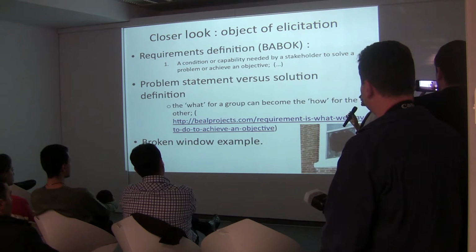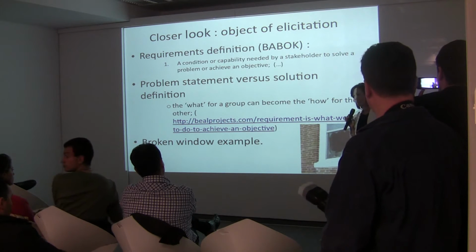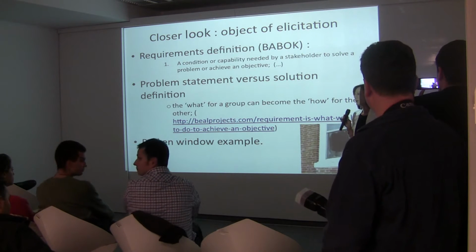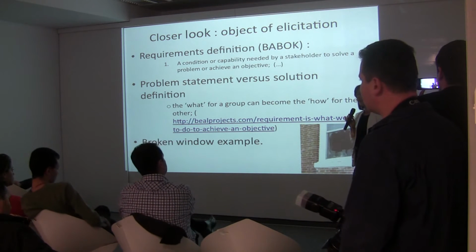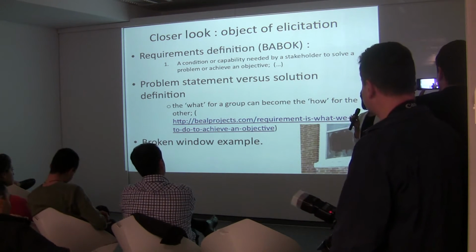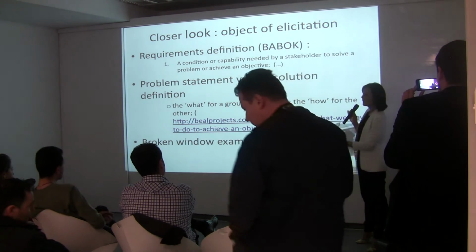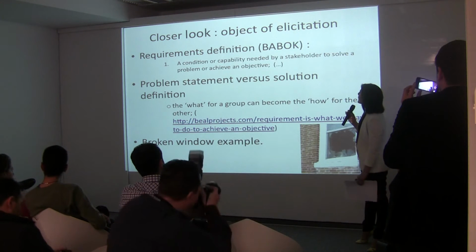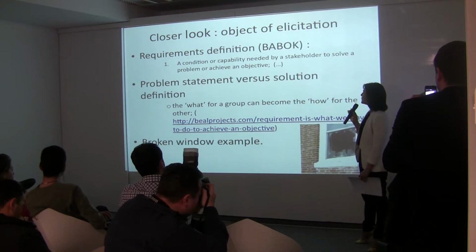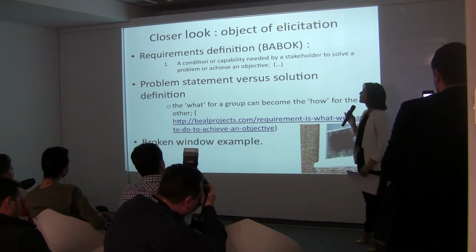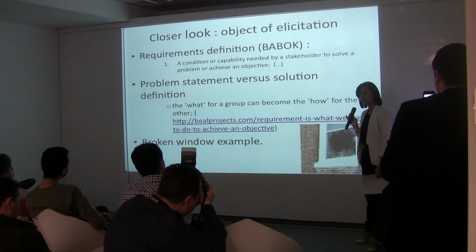So, digging a little bit deeper, I traced it back to the differentiation between problem statement and solution definition. As we've seen in the previous remarks, we want to draw out the problems that the stakeholders want to solve.